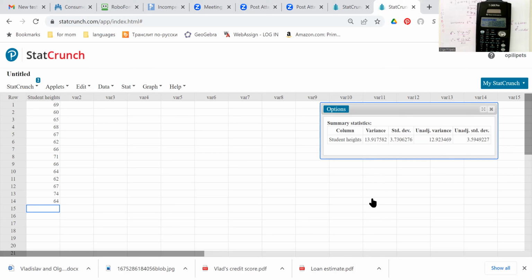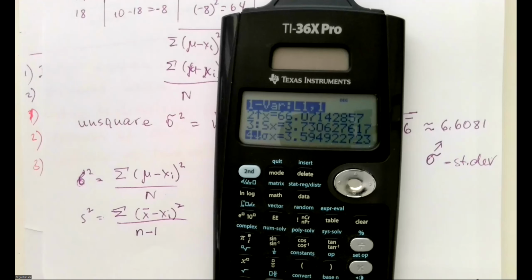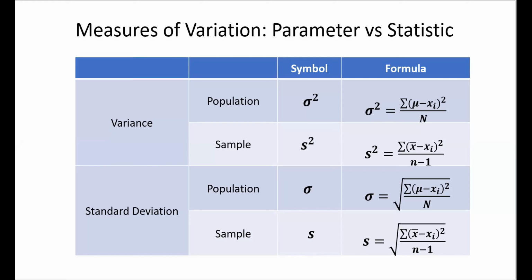It goes back to the example that we did a couple of videos back. So in this slide, you see the summary of the formulas. The formula for variance, population versus sample, and the standard deviation, population versus sample, the symbols and the formulas.